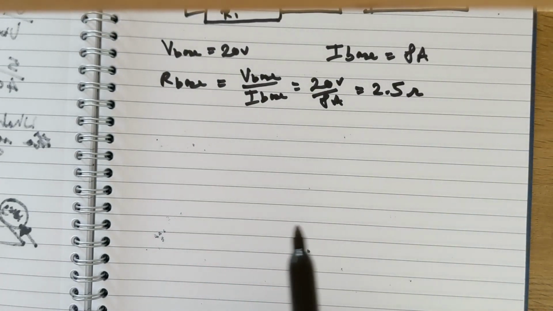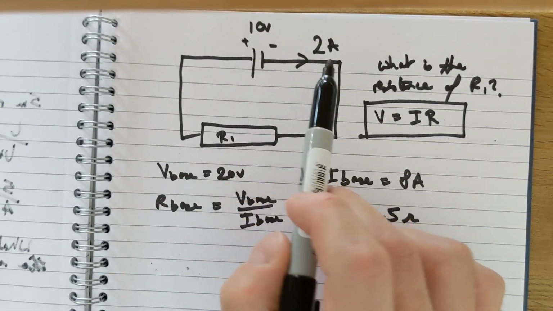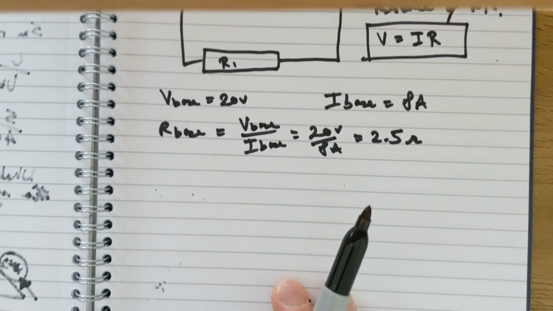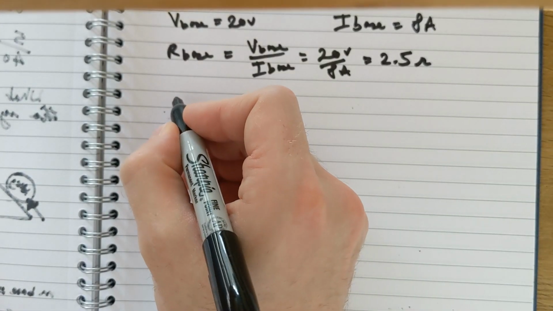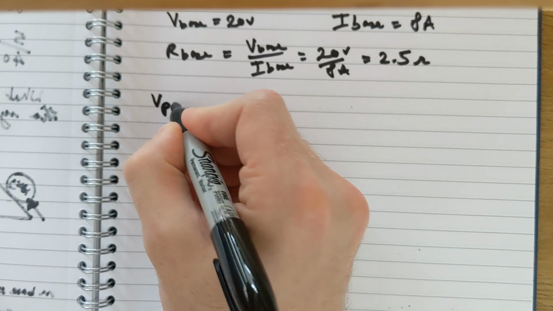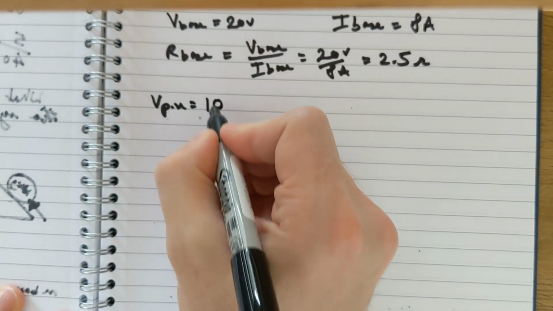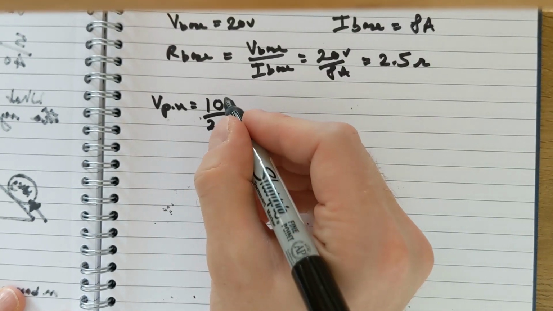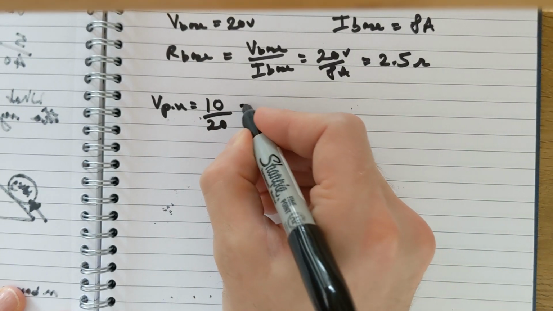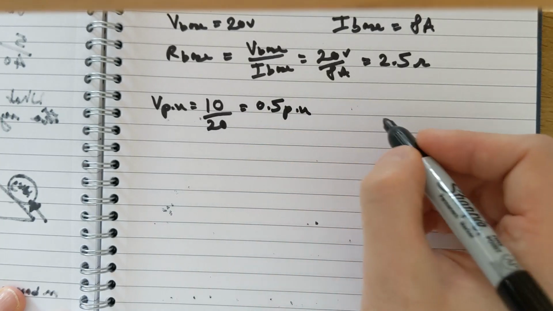So the next step is to convert the system values we've been given into per unit before we conduct our actual calculations in per unit. Voltage in per unit is 10 divided by 20, because our value is 10 and our base is 20, and that's 0.5 per unit.